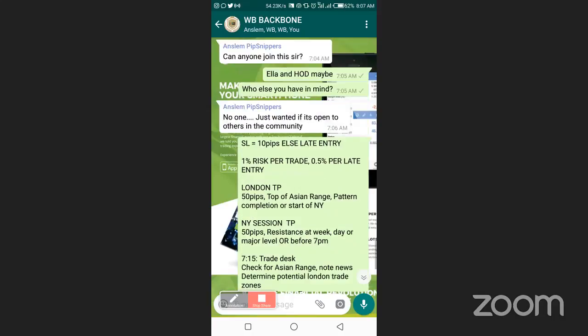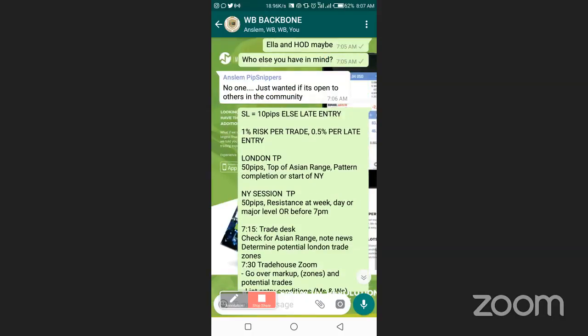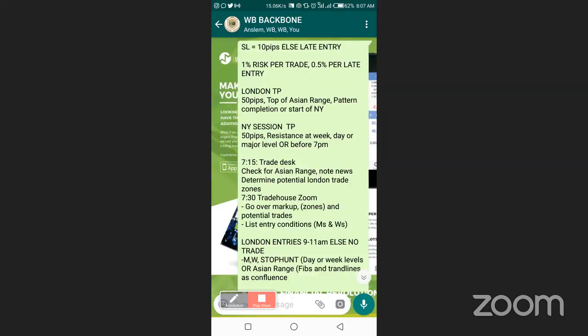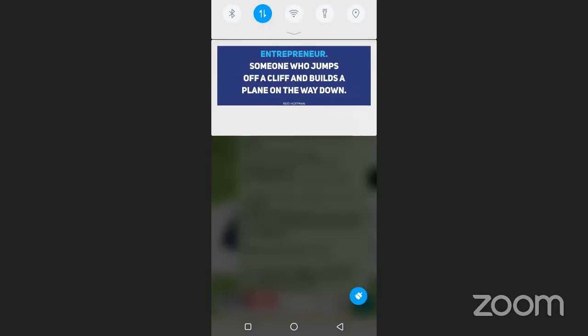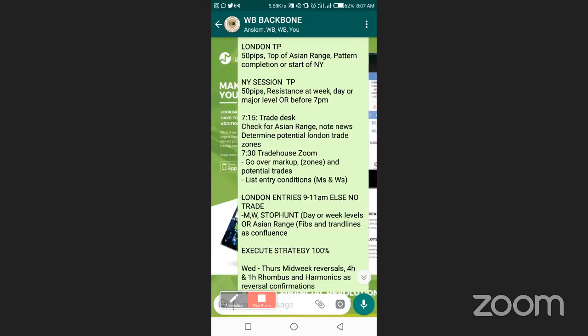So just to go over what it is. Like I said, if we're able to find a decent trade setup and we're able to squeeze 50 pips TP, we're out for the session. If we get our calculations right, we should be out for the day. Of course, if we see another clear setup in the next session, by all means, we'll jump right in.